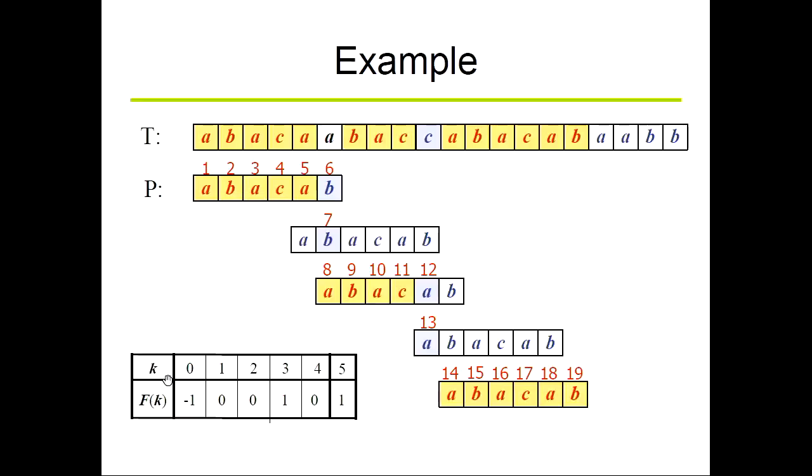If the first one doesn't match, what does it mean? If the first letter doesn't match here, you shift it to -1. -1 means 0 is next to it. That's how you read this table.